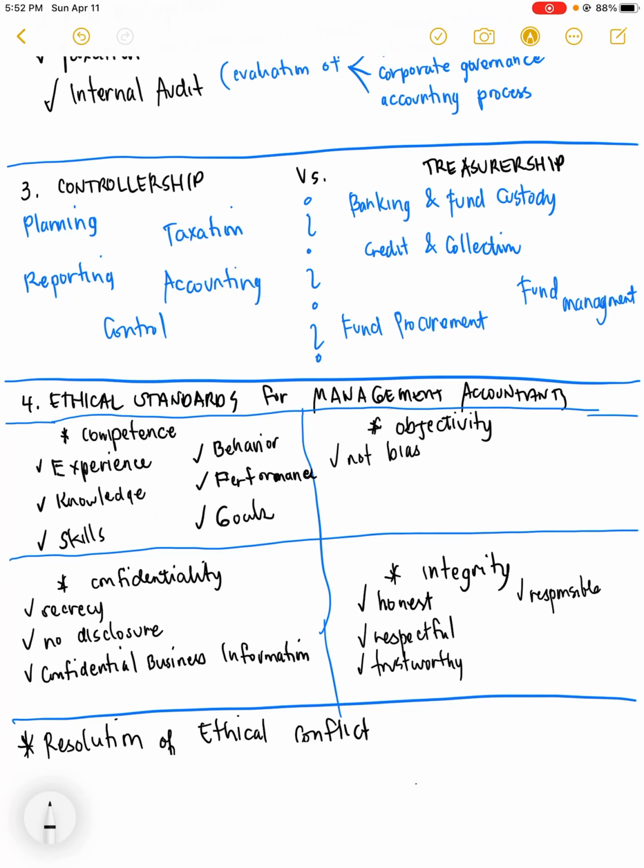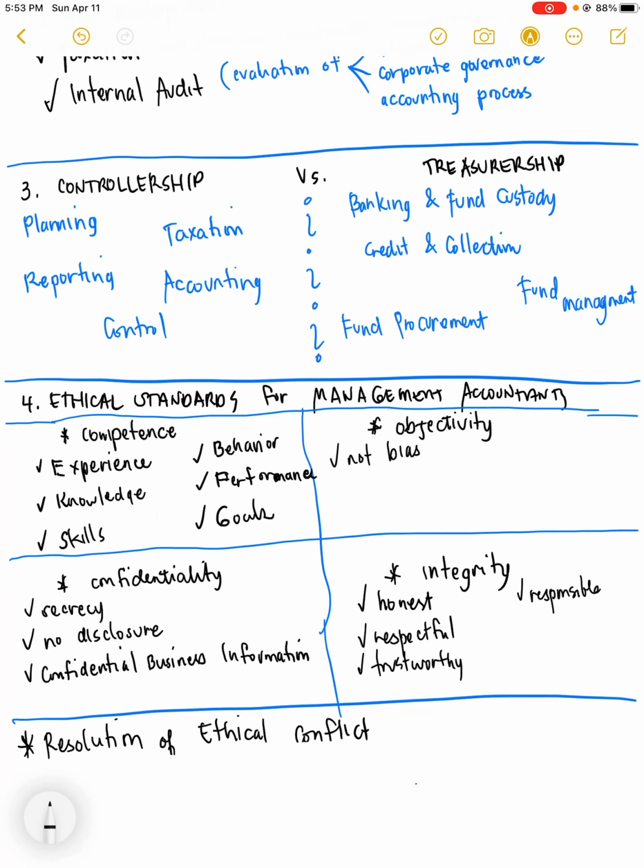But if walang ganon, you are bound by confidentiality, thus you shouldn't be disclosing information. Okay? Especially confidential business information, like the plans of the organization, the personal information of the people within the organization, the details on the major customers of the organization, and such information that are considered to be confidential to the business. Because this information, kapag napunta sa mga competitors, they can use this information against the organization.